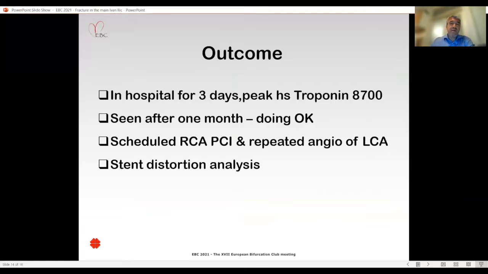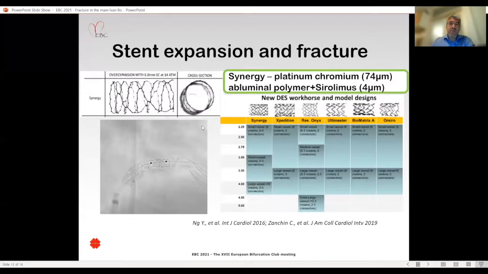But what has to be done now is a stent distortion analysis in this patient. We used a Synergy platinum chromium stent, which is a thin strut stent with abluminal polymer and sirolimus as an antiproliferative agent. This stent comes in various diameters, and for the large vessels, it has 10 crowns and reinforcement of 2 to 5 connectors.